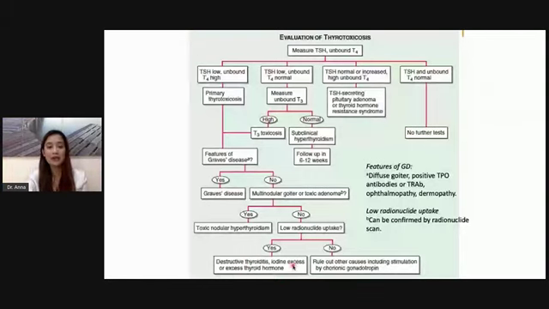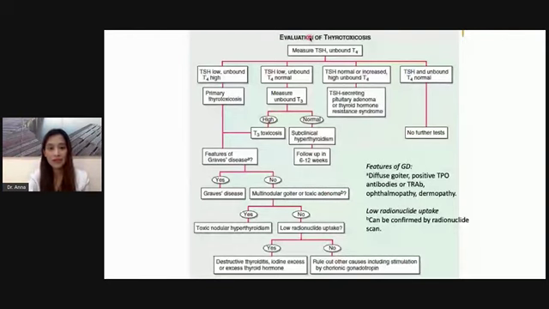The excess thyroid hormone is blocking the sodium iodide symporter. Therefore, the iodine-131 or the technetium radionuclide cannot be taken up by the thyroid, so it would appear to have low radionuclide uptake in the thyroid scan.